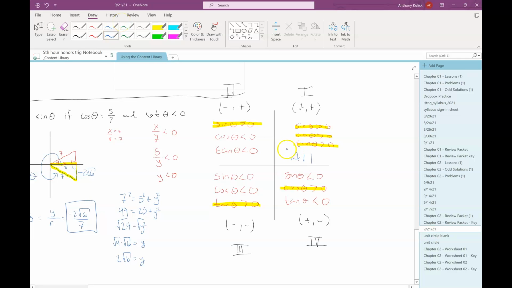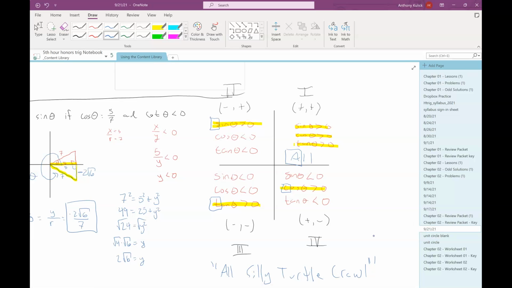So what we're going to do is make a little acronym to help us remember this. So, ASTC, or at least when I was in high school, we said all silly turtles crawl. You can make up your own little silly thing to remember that.